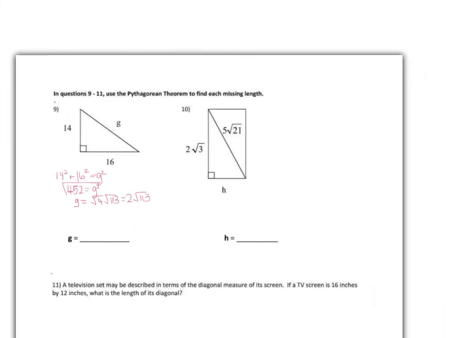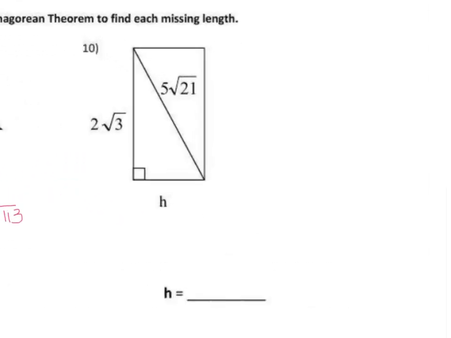Okay. So looking then at number 10, I know for a lot of you, this one just needs a little bit of extra practice working with radicals, but it's the same concept. So you take 2 root 3 squared plus h squared, where h is a side, equals 5 root 21 squared.